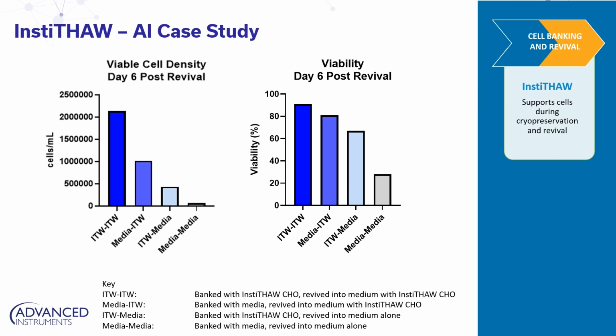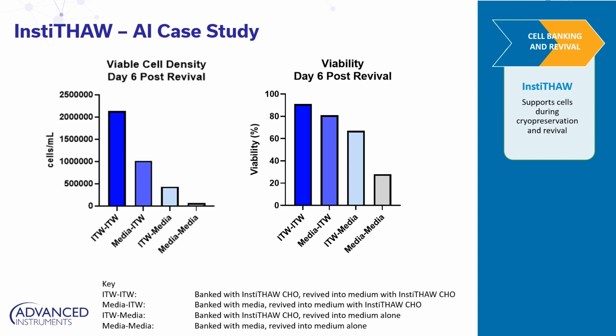Finally, cells were banked and revived in the absence of InstiThaw to provide a negative control. For all conditions, cells were banked at 1 × 10⁶ cells per mil. Following revival, the viability and viable cell density of the cells was assessed on day 6 to determine how cells had fared.